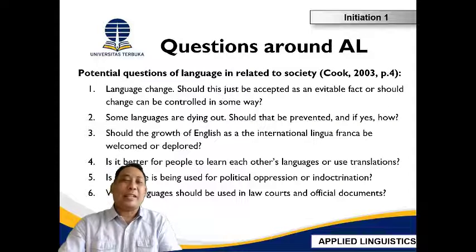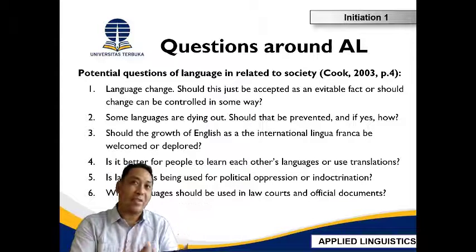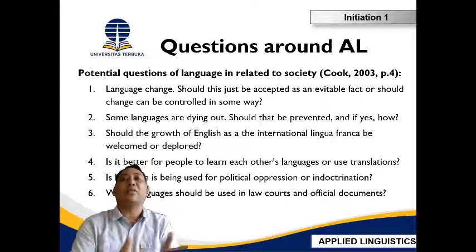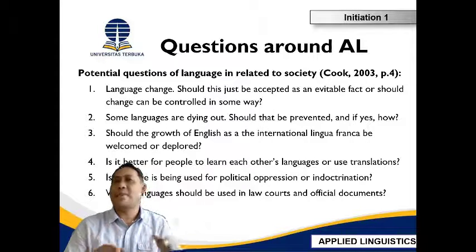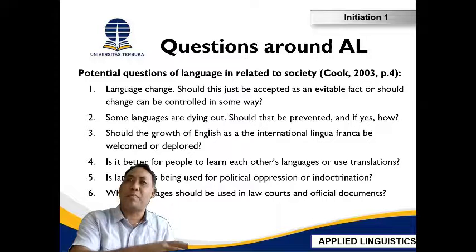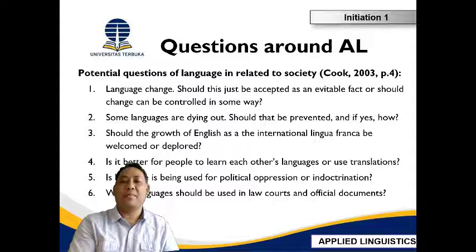Later on, there are also some potential questions about language in relation to society. For example, we would like to identify language change. Language is indeed changing from time to time in line with the changes of culture, right? And some languages are dying out, not popular. Some people don't even speak the language anymore.